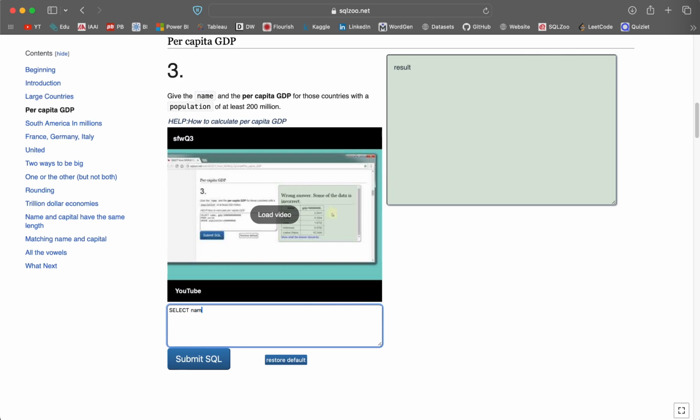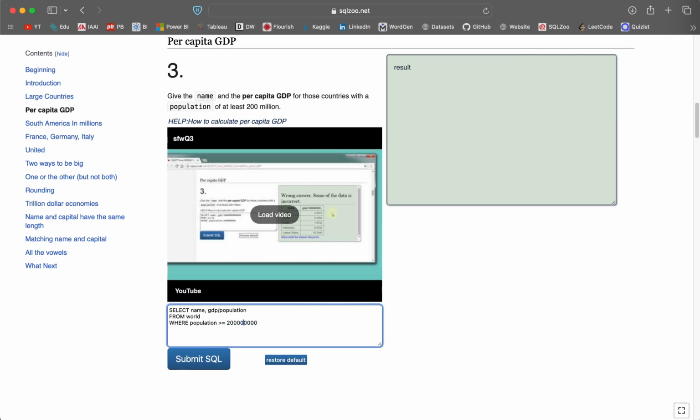Select name, and the calculation for per capita GDP is GDP divided by population from world where, remember we're going to use our filter, where population is greater than or equal to 200 million.